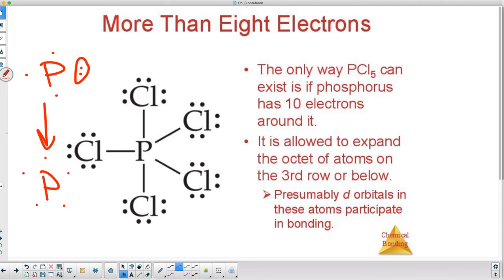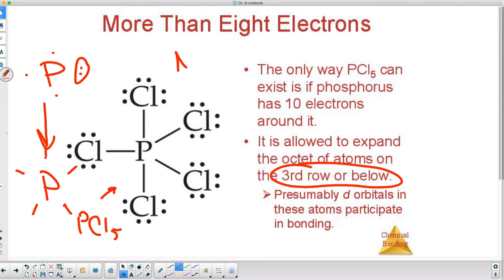Each one of those 5 electrons will form its own bond, like this. We see it happen here with PCl5. So PCl5 is what we're looking at here, and this actually makes sense. PCl5 can happen because phosphorus is in the 3rd row of the periodic table, so this can happen for the 3rd row.